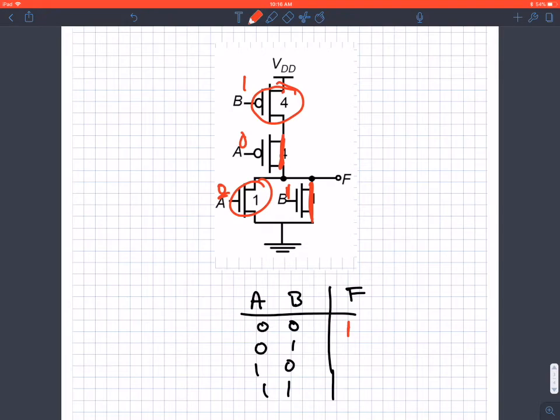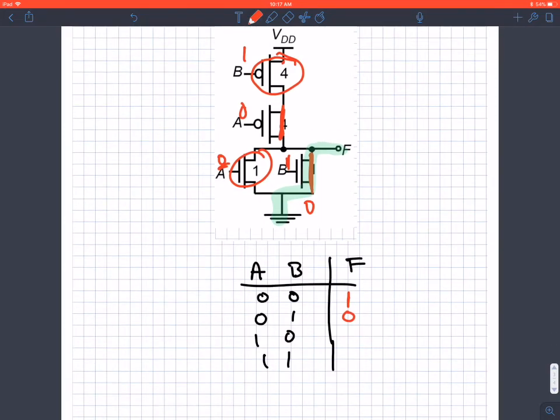Okay, and so we look, what's the path? All right, so we know, we try to get to high and we run across an open circuit. Okay, so it can't be this one, and so we'll delete that. We look for a path. There's a path to ground, which is our 0.